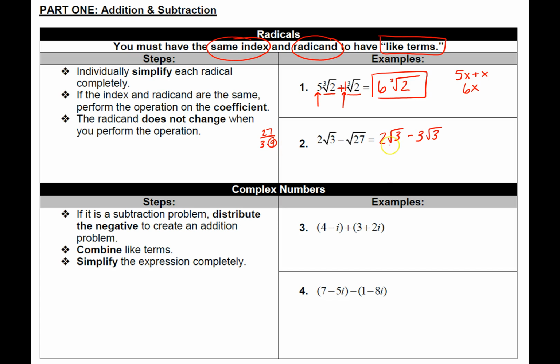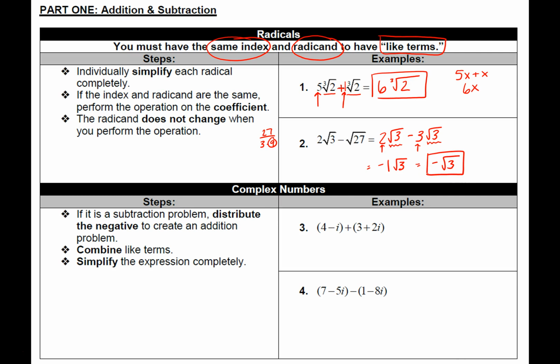You'll notice now that I do have like terms because both of these have a square root of 3. That means then that the coefficients out front can be subtracted. 2 minus 3 is negative 1, and the radical, the square root of 3, stays the same. So my final answer is negative square root of 3.